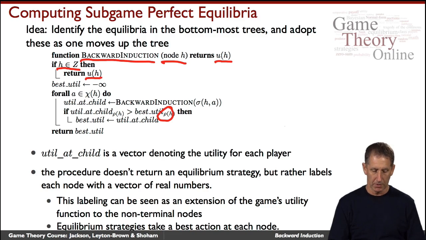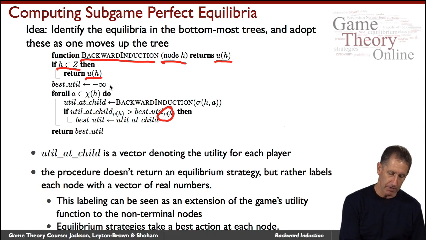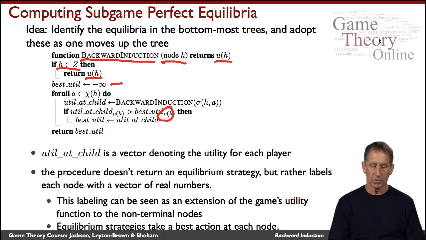So for that, we do the following. We will keep a variable called bestUtil, and bestUtil will be a vector of payoffs associated with the agents, one for each agent, and we will be updating that vector as we go along.